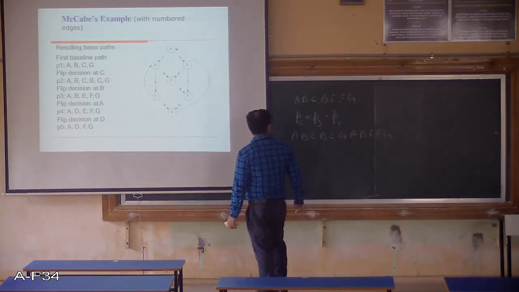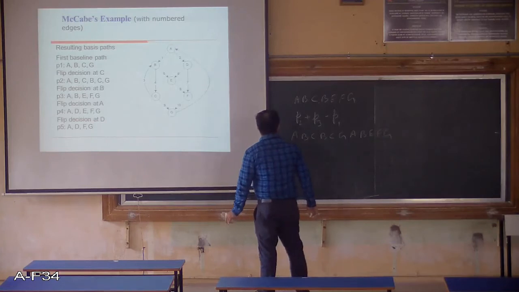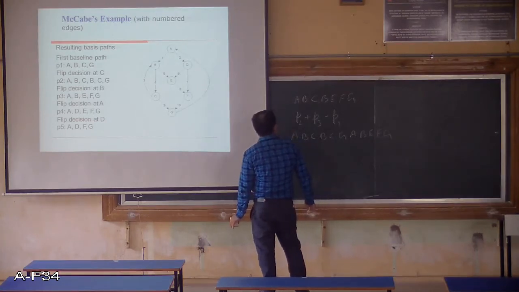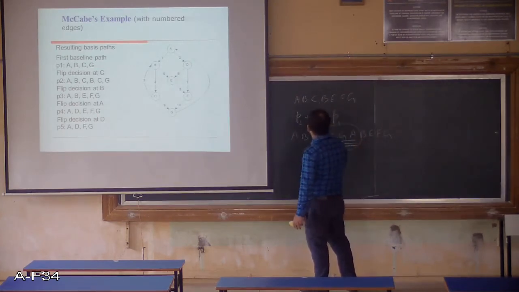So now remove the nodes which are in path 1, that is P1. So that is A, B, C, Z. Okay, A and Z. So we are removing these 4 and we get this one.